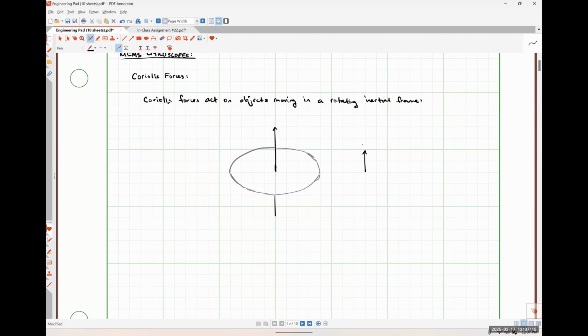So let's say that the up direction is Z, the right direction is X, and out of the page would be Y. And let's say that our disk is spinning with some angular velocity, and I'm using capital omega here.